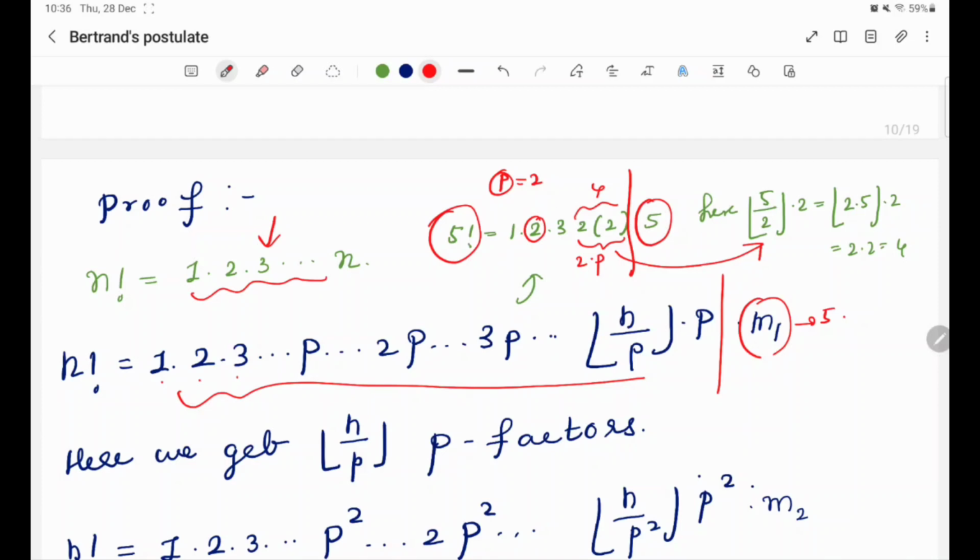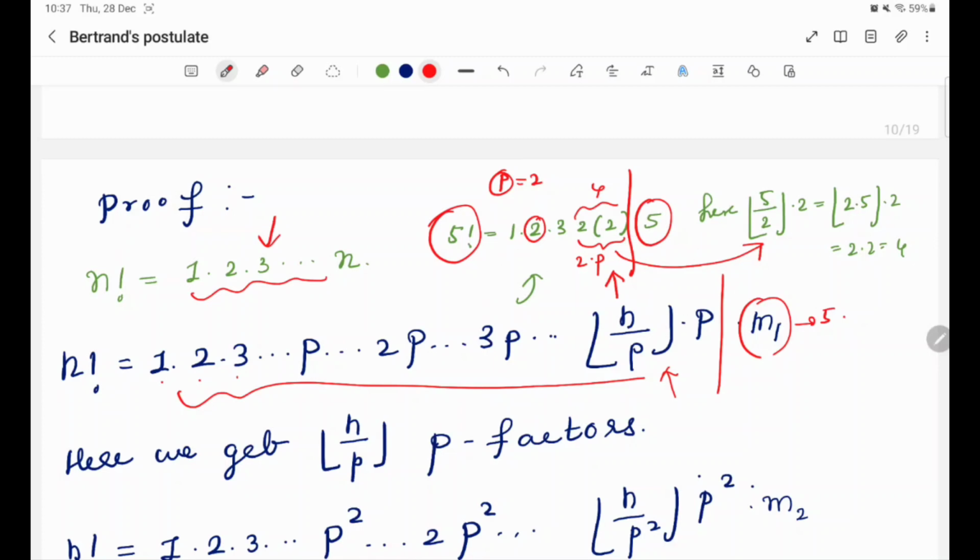Now you look at what is 2p here. 2p is exactly our final element here. For example, you can see 5 by 2 is 2.5. Greatest integer is 2. So 2 times 2 is 4. So in this example, your final number, n by p times p, is 4 and m1 is 5.